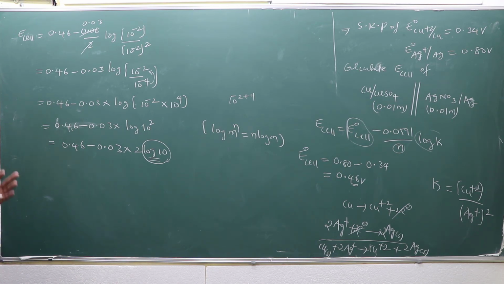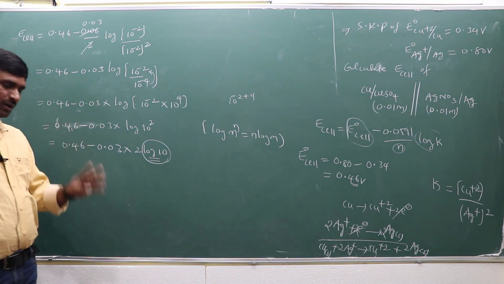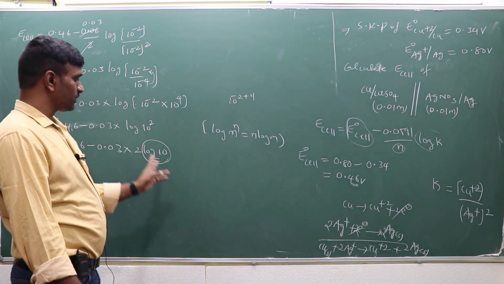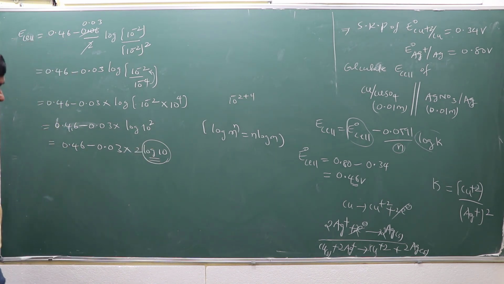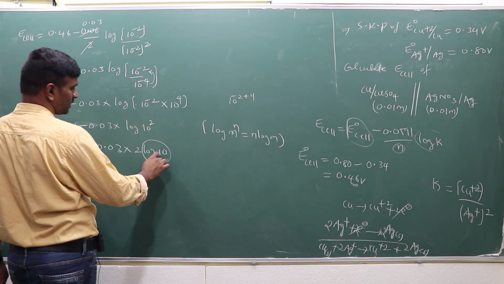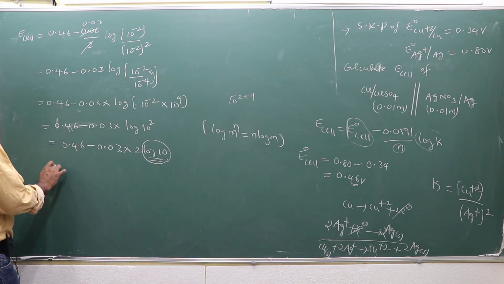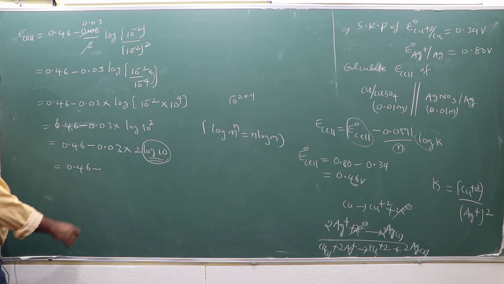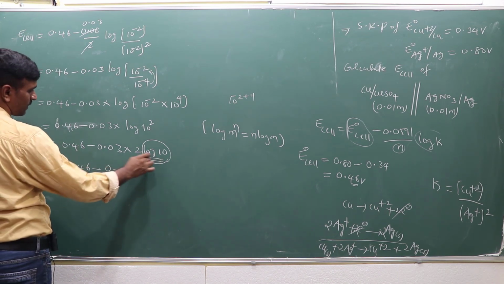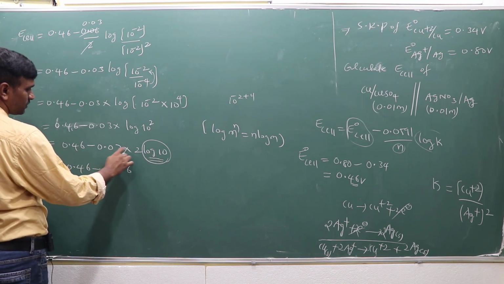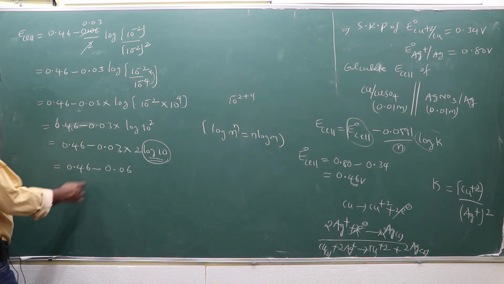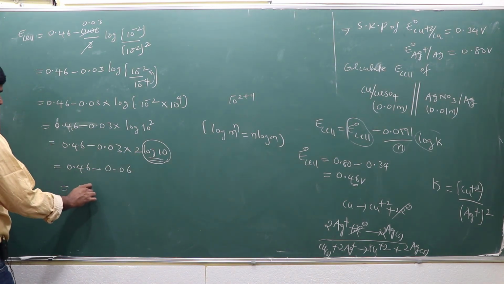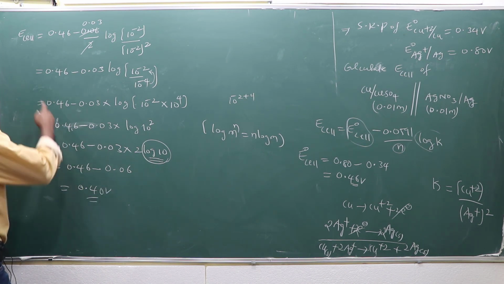Even with a biological background you can read those principles, nearly 30 or 40 that I mentioned. They are very important for problem solving. Then log 10 value is how much? 1. Every time I cannot write these values, so it is not easy. So 0.03 into 2 is 0.06. Then we get 0.40, the E cell value.